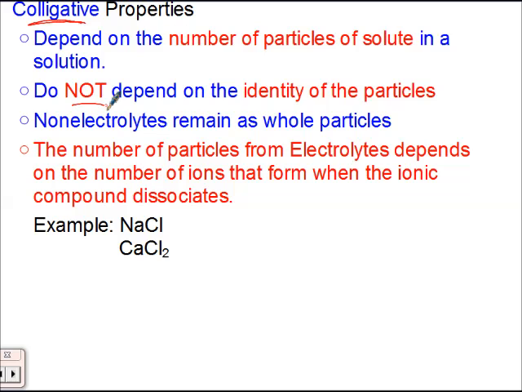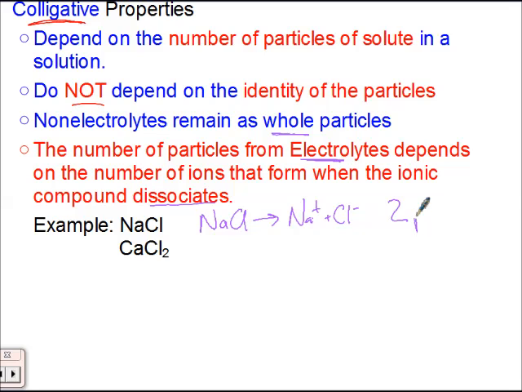Sugar is a non-electrolyte. It'll remain in the solution as a whole particle. But when we have something like electrolytes, they're going to dissociate into their ions. So sodium chloride dissociates into Na plus and Cl minus.